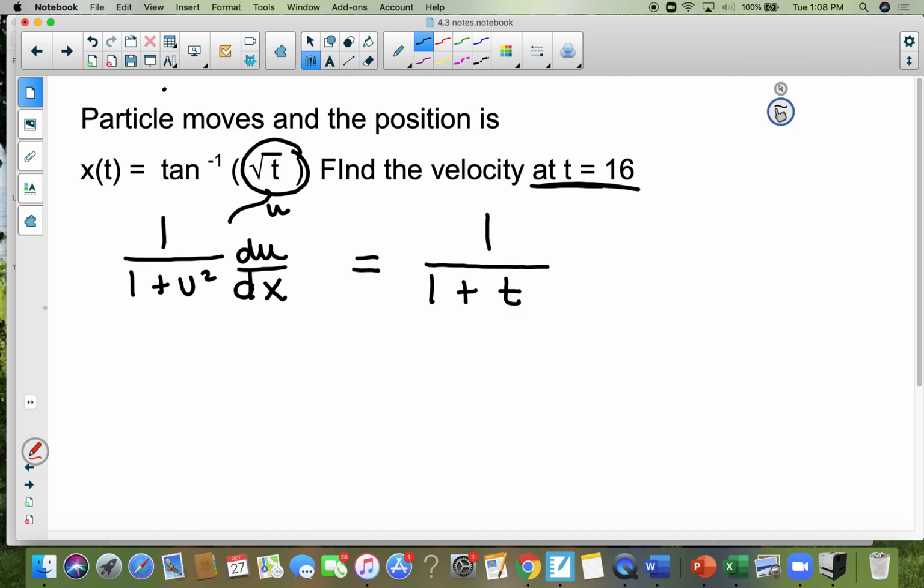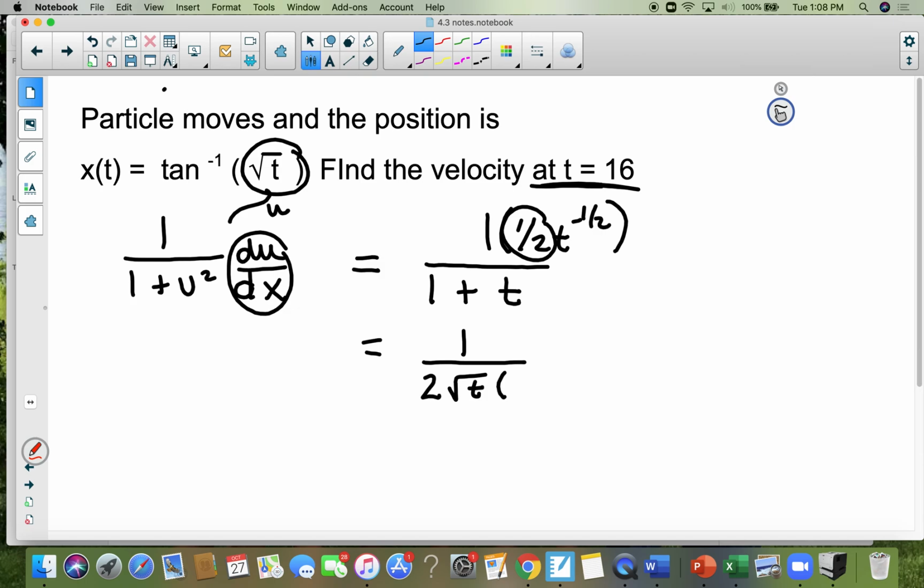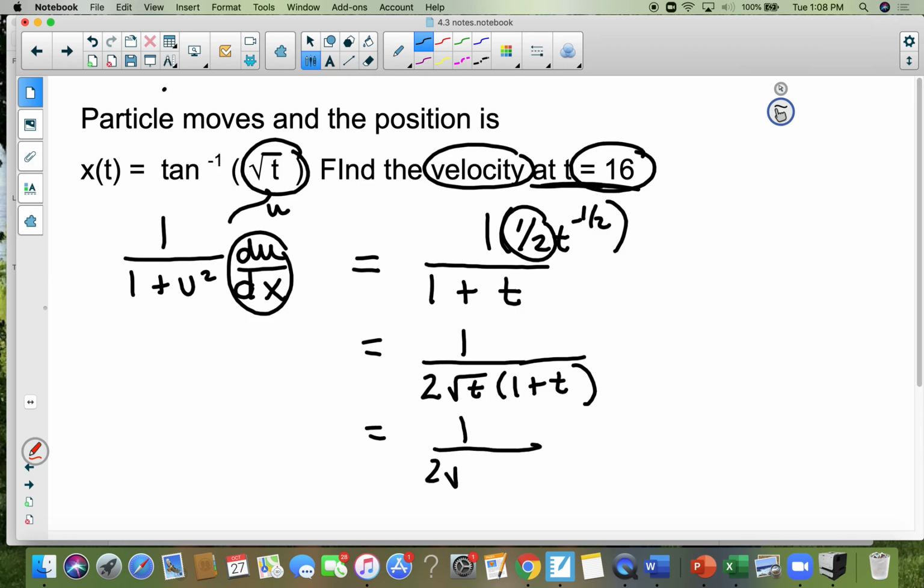and if you take the square root of t times the square root of t, you're going to get t. But then you also have to take the derivative of the square root of t. And the derivative is 1/2 t to the negative 1/2, which simplifies to 1 over 2 square root of t, and then you're also going to have 1 plus t down below. But then they want you to find the velocity or the derivative at t is equal to 16, so you're going to replace the t with 16, with 1 plus 16.